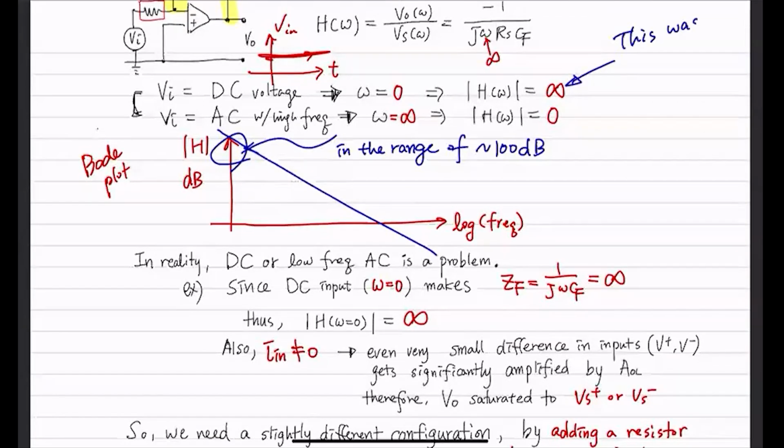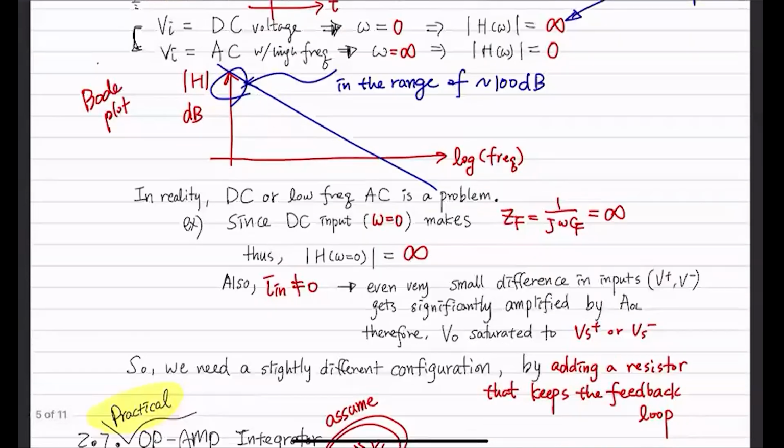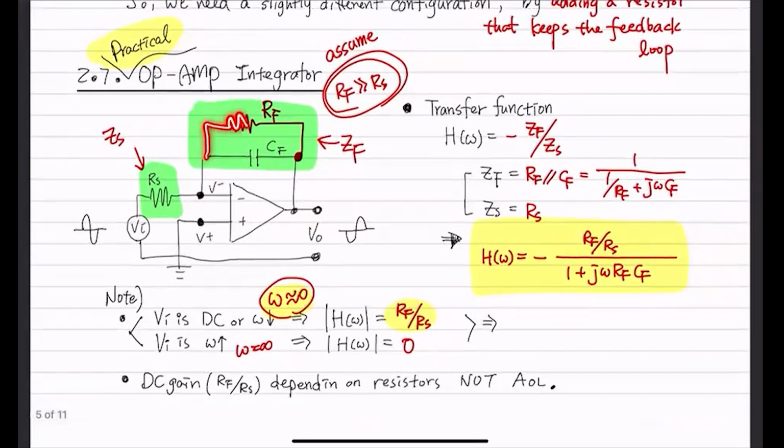This was the problem. We cannot realize infinite in real life in low frequency, but now by adding additional resistor at low frequency, we have a value that is limited. It's RF over RS. So it's going to be, depending on your choice, if you select this to be 10 and this is 1, then that is just a ratio of 10, okay?